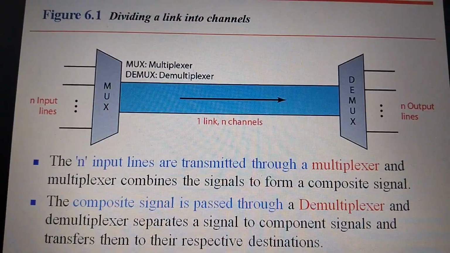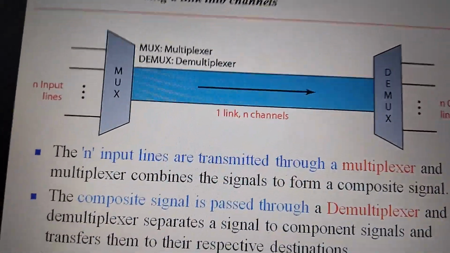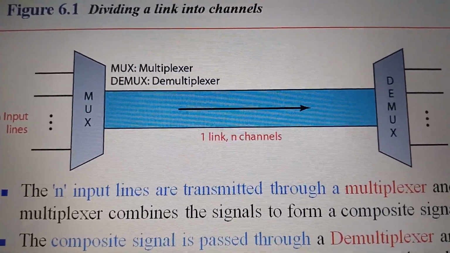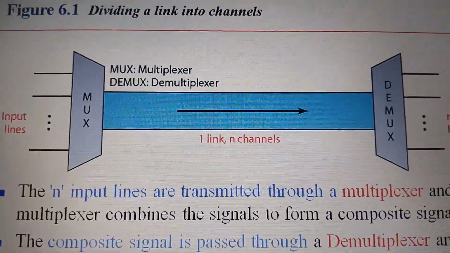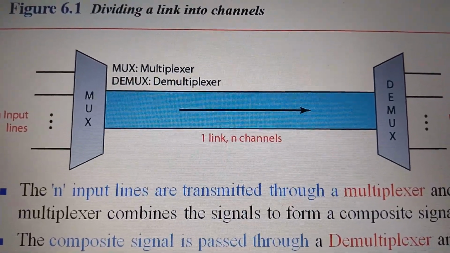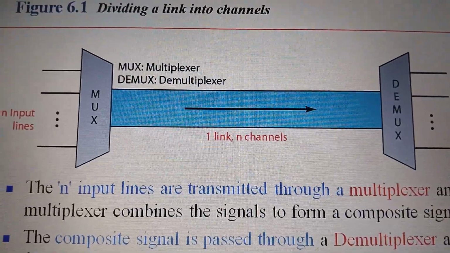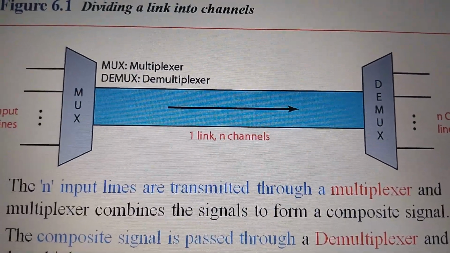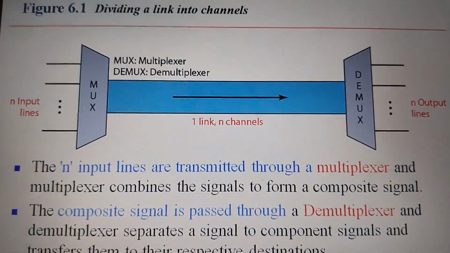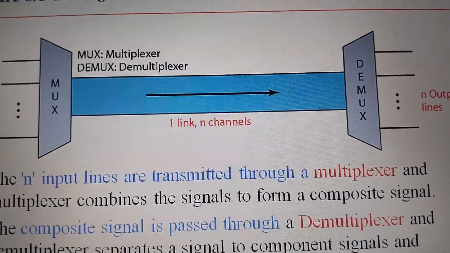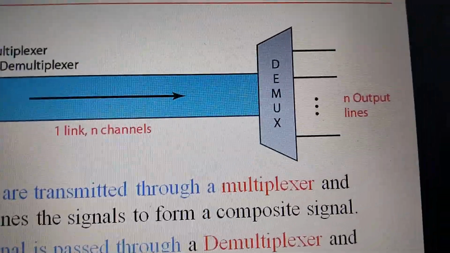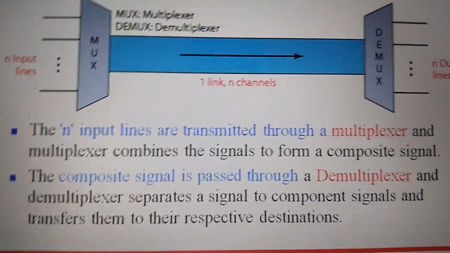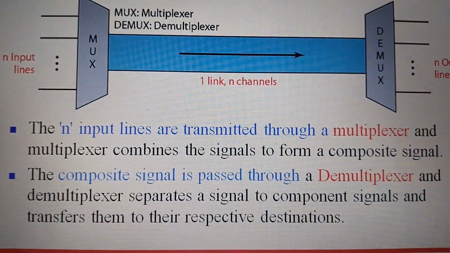See the diagram here. This is the multiplexing diagram. On the sender side, n inputs are taken and combined by the multiplexer MUX, and that single output line is transferred from the sender side to the receiver side. At the receiver side, demultiplexing is performed and it generates n output lines. This is the diagram of multiplexing as well as demultiplexing.